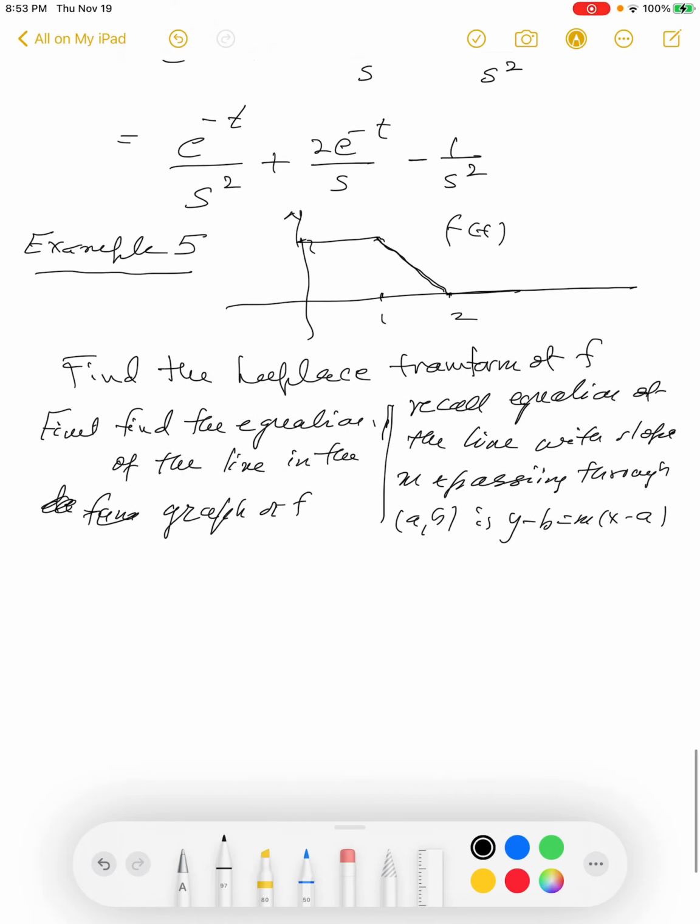So here you see that its slope is going to be, so you know it passes through, maybe I'll write it more systematically. To find its slope you need to take 2 points, 0, 2 and 1, 1. And I take y2 minus y1 over x2 minus x1. And so the slope is minus half.